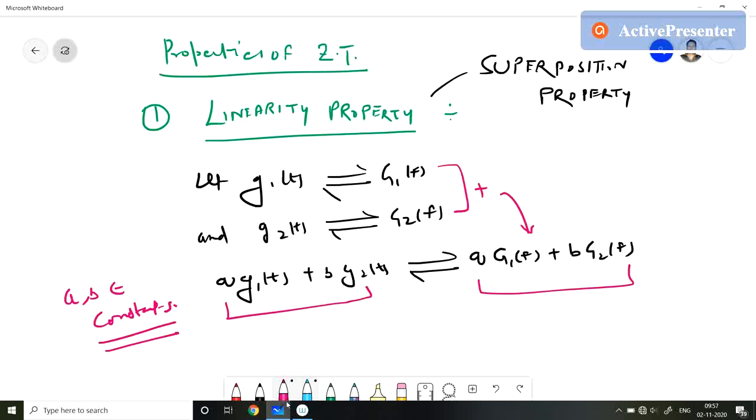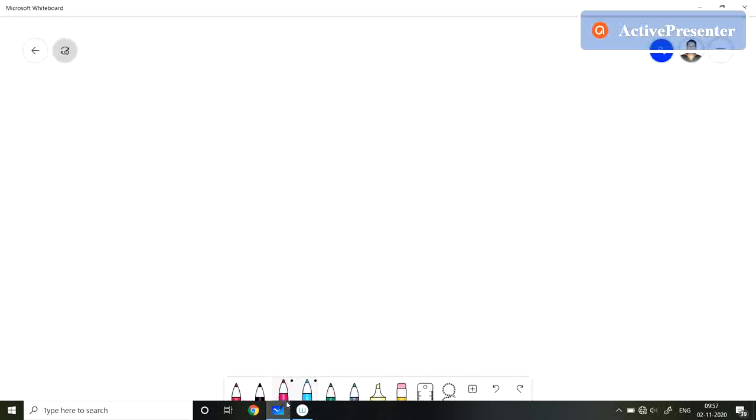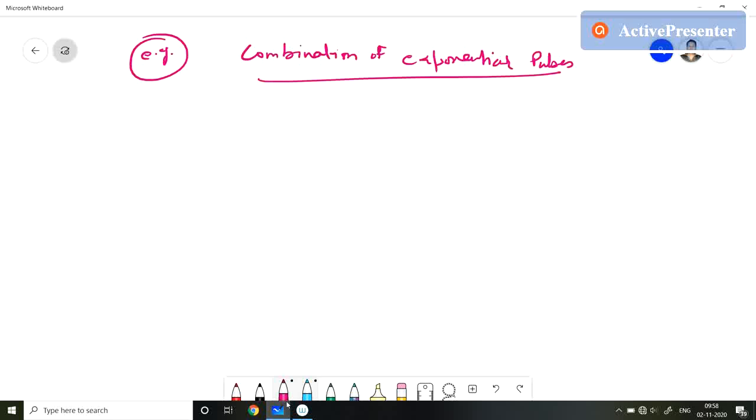These are constant multiplications. Now we can see some examples related to the linearity property, so let us solve some problems. The first problem is a combination of exponential pulses.